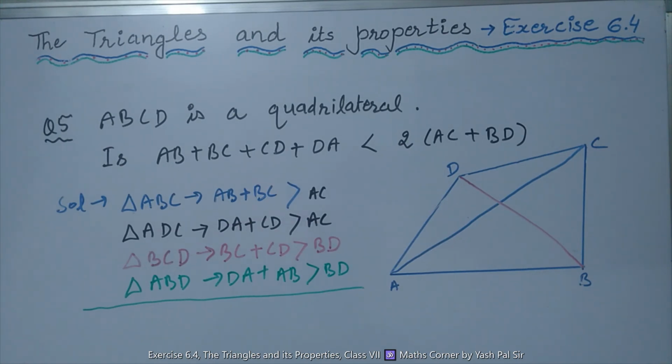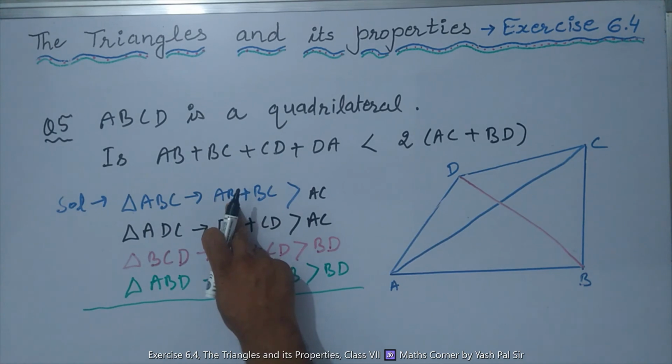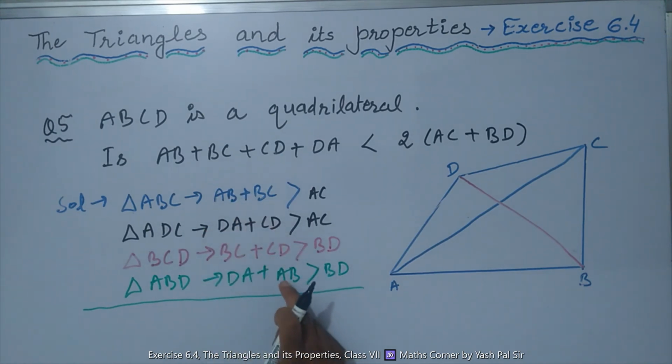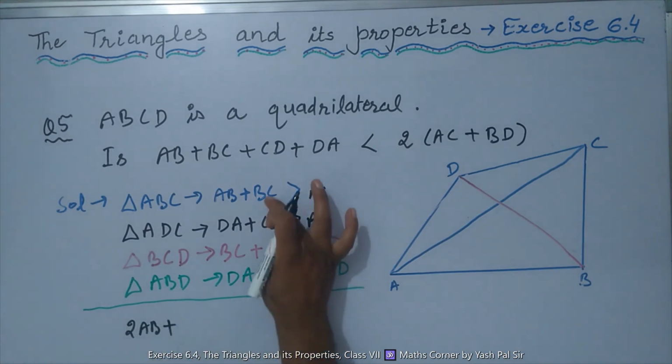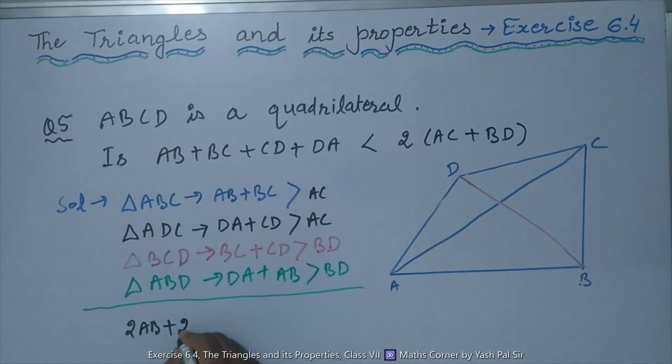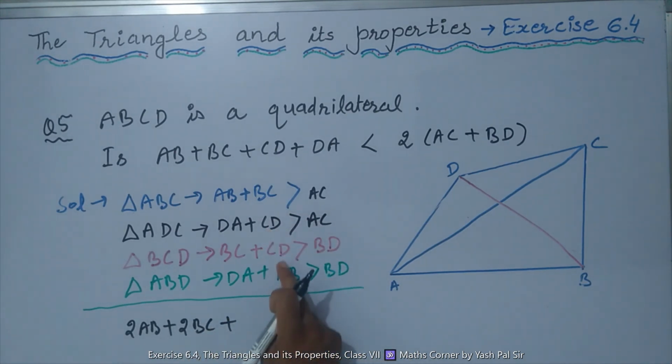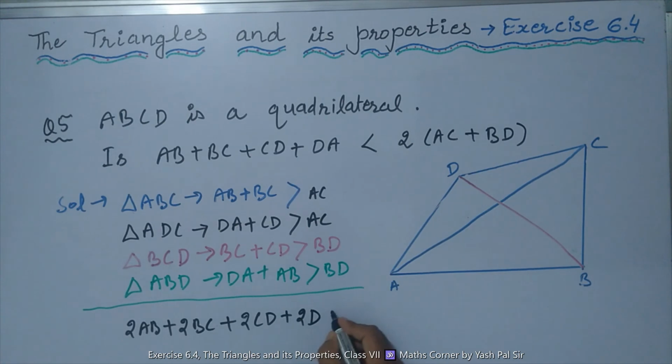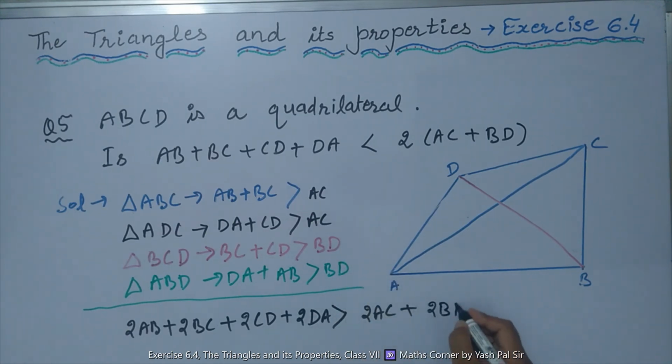Now we add all these inequalities. The result is AB plus AB is 2AB, plus BC plus BC 2BC, plus CD plus CD 2CD, plus DA plus DA 2DA is greater than AC plus AC 2AC, plus BD plus BD 2BD.